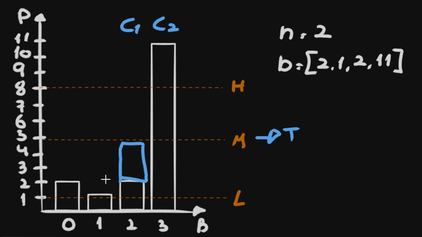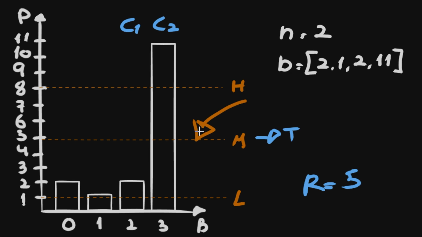And the answer is we can, because here we have a space of size 1 to 3, and here we have 3 minutes available. And if we use all of this power, we can fill this space. So 5 is a valid target, and the result at this point is 5.